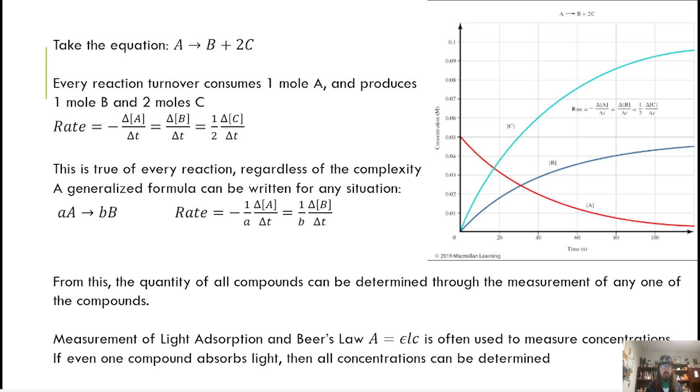We can see, as A is going away at this rate, that means B must be coming in at this rate. That C must be coming in at this rate, just because we know the rate of A.